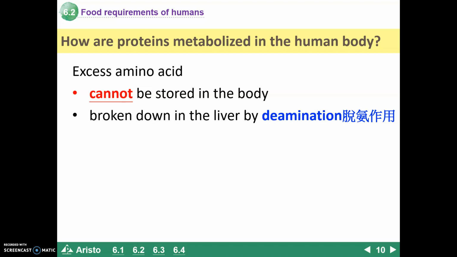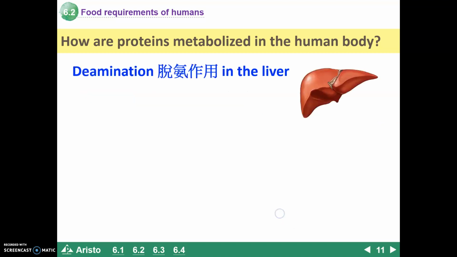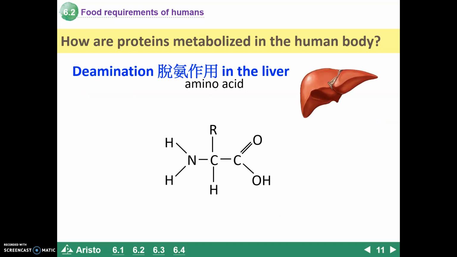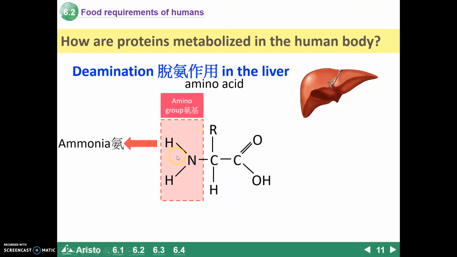It has to be broken down by deamination in the liver. If you still remember, this is the general formula for amino acid. This is the amino group, the NH2 group. This NH2 group is toxic to our body. It cannot be stored. It has to be removed.